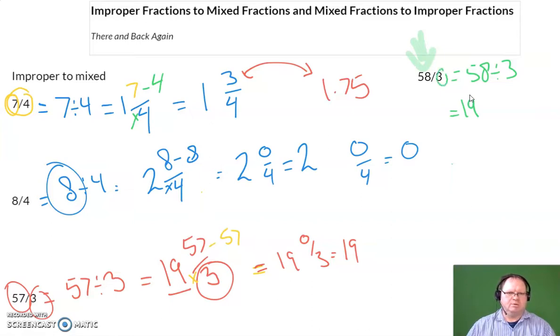And then the bottom part, which is 3, doesn't change. And there's 58 pieces in the top. So now we're going to do 19 times 3, which ends up being 57. So 58, which is in the top part, minus the 19 times 3. So 58 subtract 57 is 1. So that will be our answer, 19 and 1 over 3.